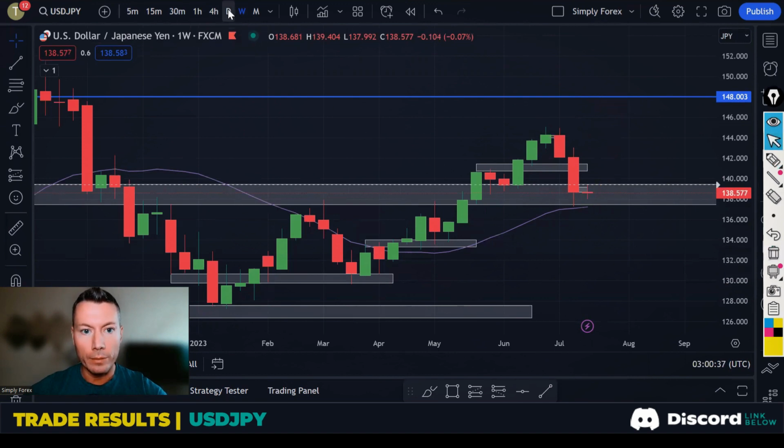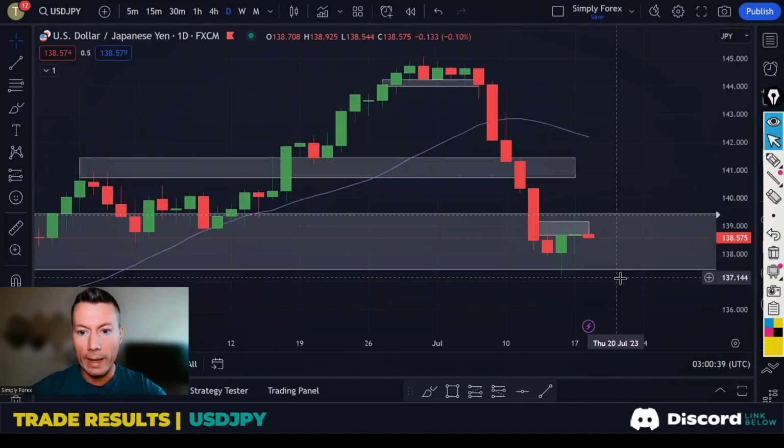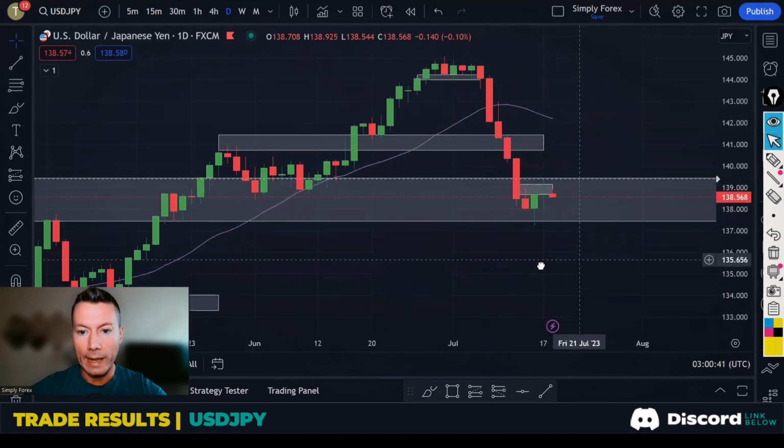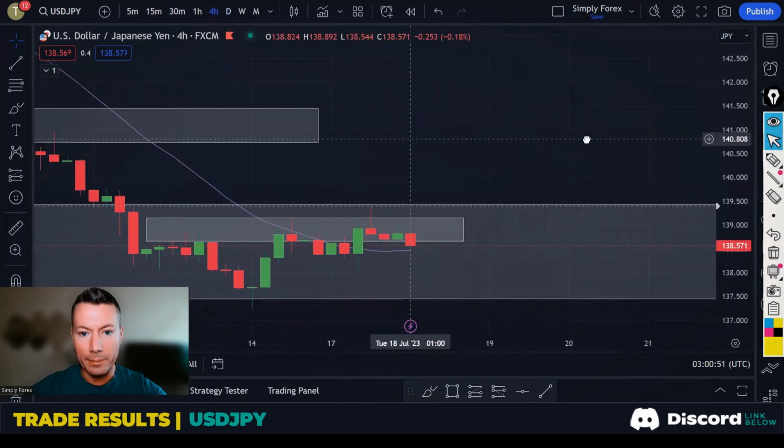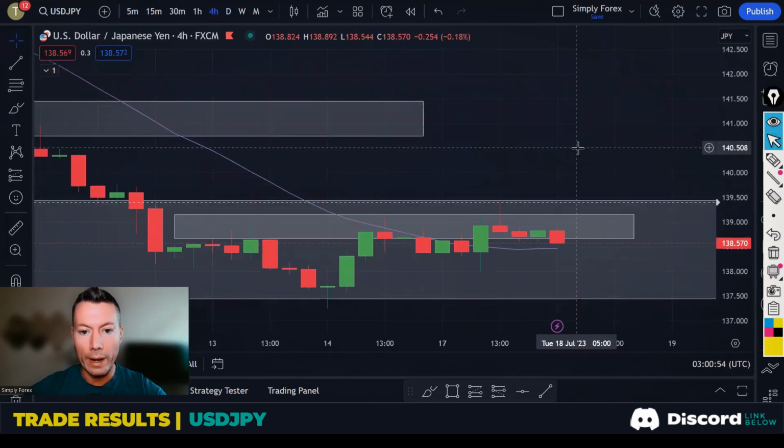If we drop down to the day chart now, we also had a nice reaction in terms of the daily candle here. But yesterday, a bit of a doji. But on the H4, guys, I still didn't get a setup because it hasn't broke my H4 area. I'm interested in a break in structure.